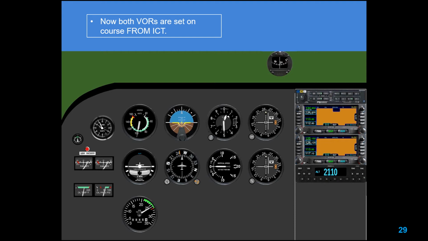Now both VORs are set on course from Wichita to Liberal. Notice both needles are reading exactly the same too. Once we're satisfied that the current heading is parallel to Victor 350, reset the heading bug.